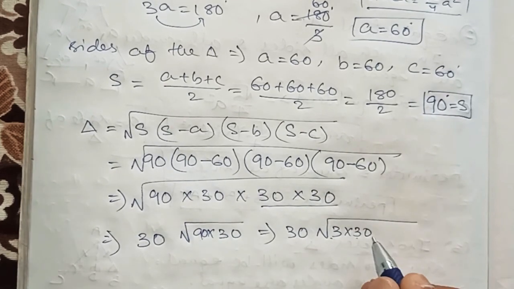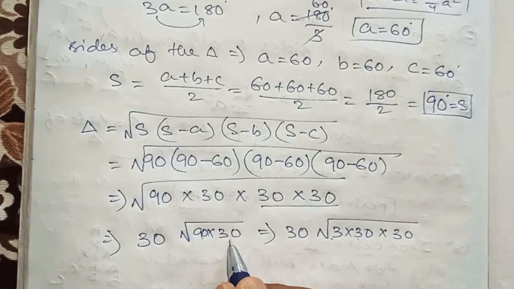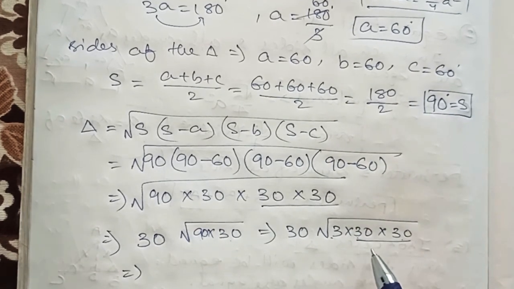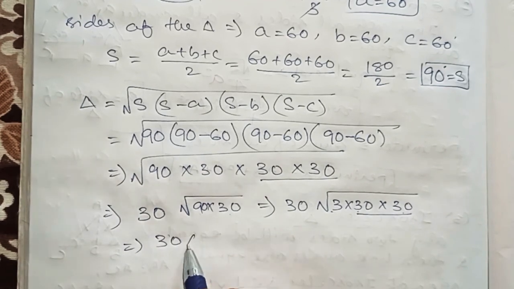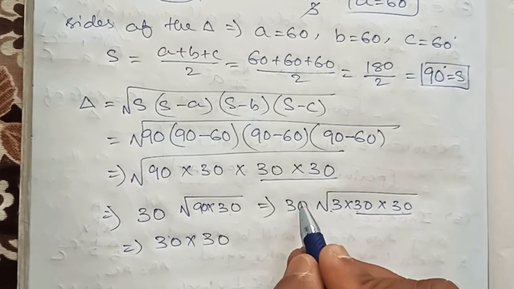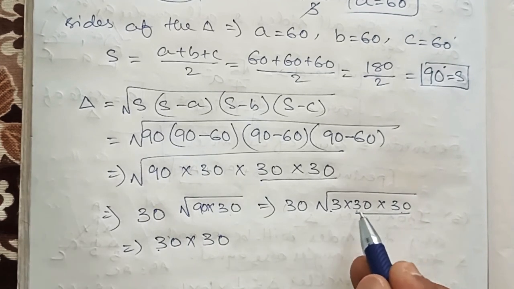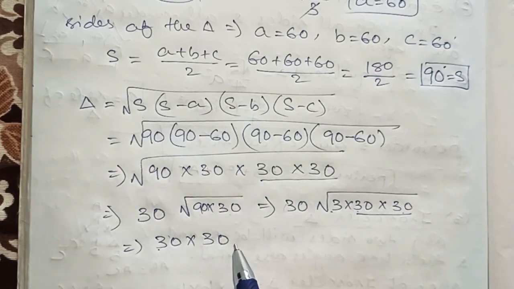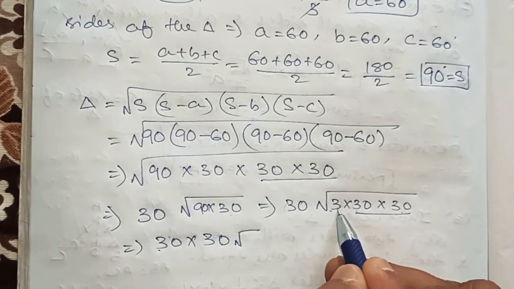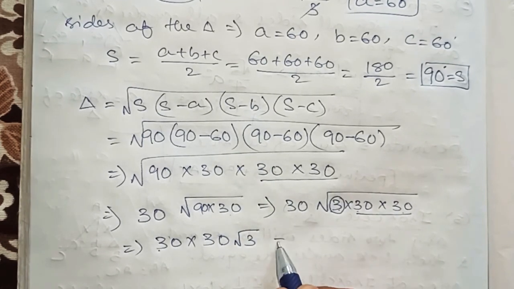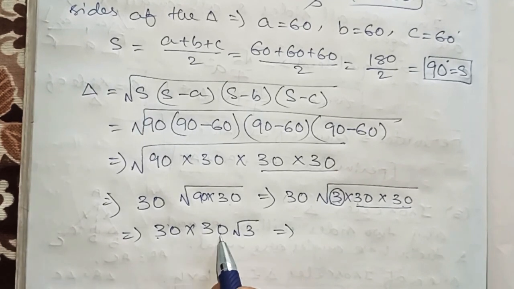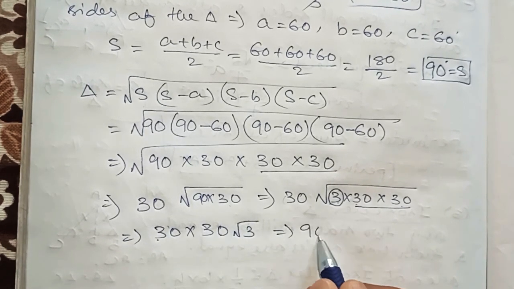Again out of these two 30s, I take one 30 outside the square root. The 3 is single, so it will be left inside the square root. Now 30 into 30 is 900.